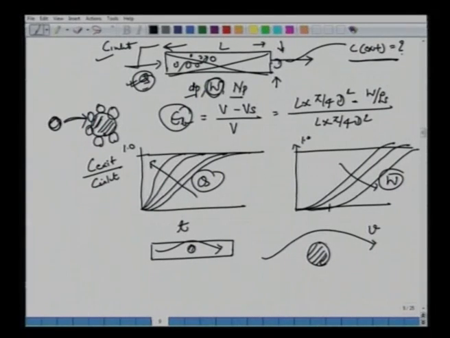We know the surface area, the weight, and the diameter, so we know this Ap, surface area in square meters over volume in cubic meters. For a sphere, this is 4 pi rp square over 4 by 3 pi rp cube, so Ap is nothing but 3 over r.